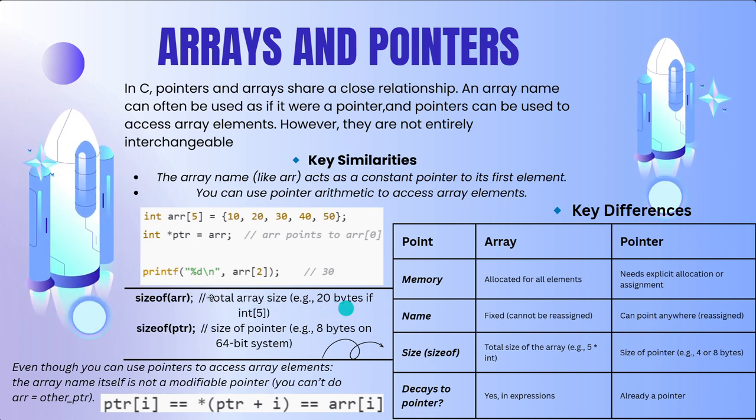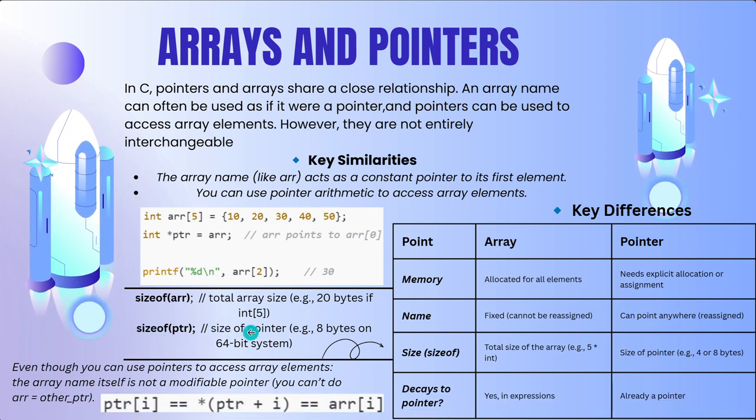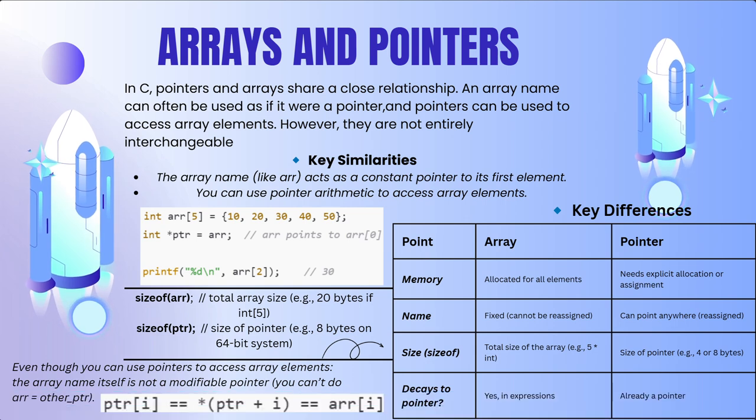This is storing the size of array ARR, this int, so it is storing it as 5. And sizeof(ptr) is the size of a pointer, for example 8 bytes on a 64-bit system. Okay, this is the point we are understanding. Even though you can use pointers to access array elements, the array name itself is not a modifiable pointer.